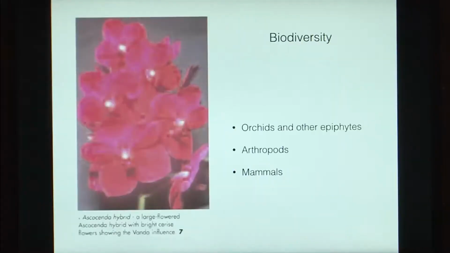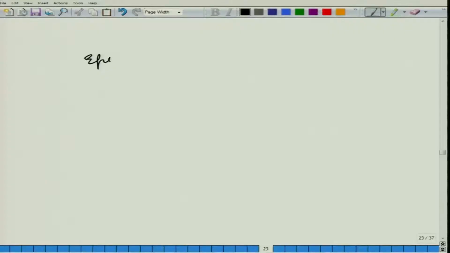This canopy is also very important for the purposes of biodiversity. So, why is that important? This image of the flowers shows orchids. Orchids are epiphytes. So, again coming back to the word roots, when we say epiphyte, epi means above and phyte is a plant.